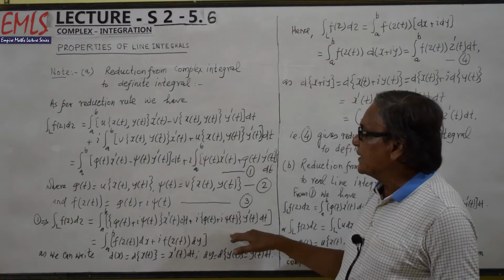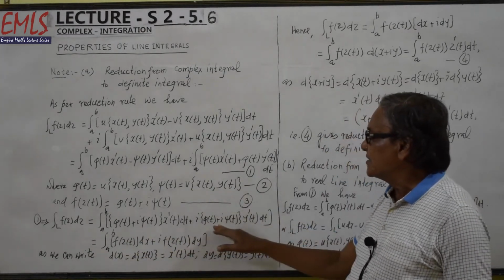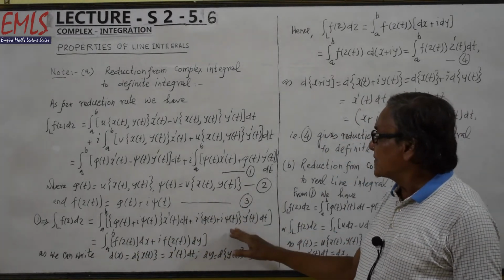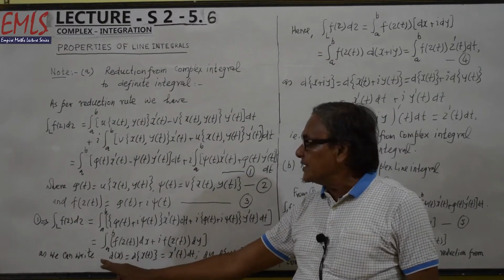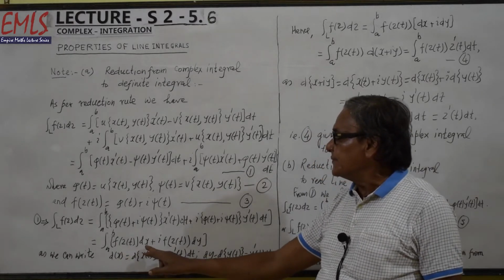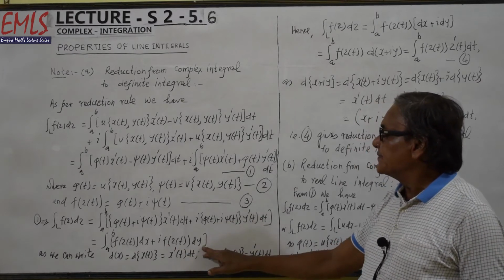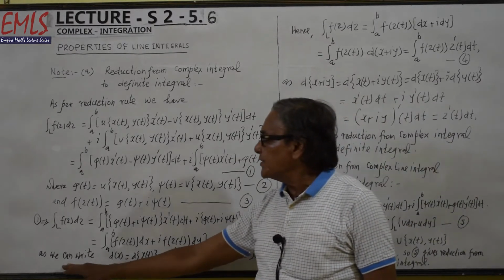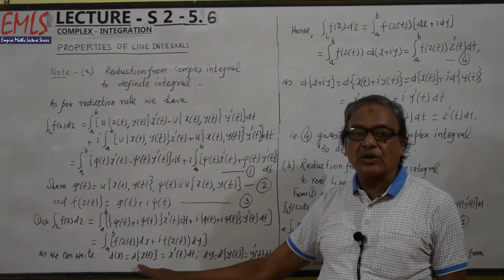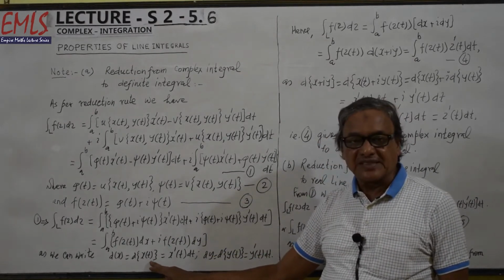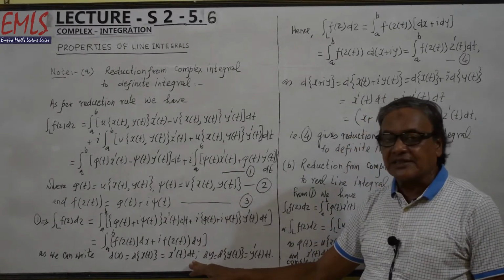So it will finally be integral a to b [phi(t) plus i psi(t)] x'(t) dt plus i times [phi(t) plus i psi(t)] y'(t) dt, and this can be written as integral a to b f(z(t)) dx plus i times f(z(t)) dy, as we can write dx equal to d of x(t), the parameter being t, and the differential of this will be x'(t) dt.